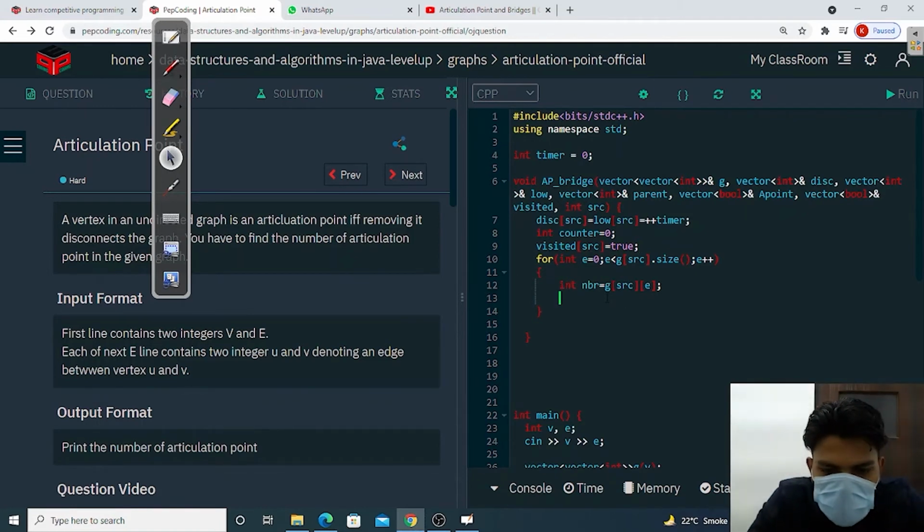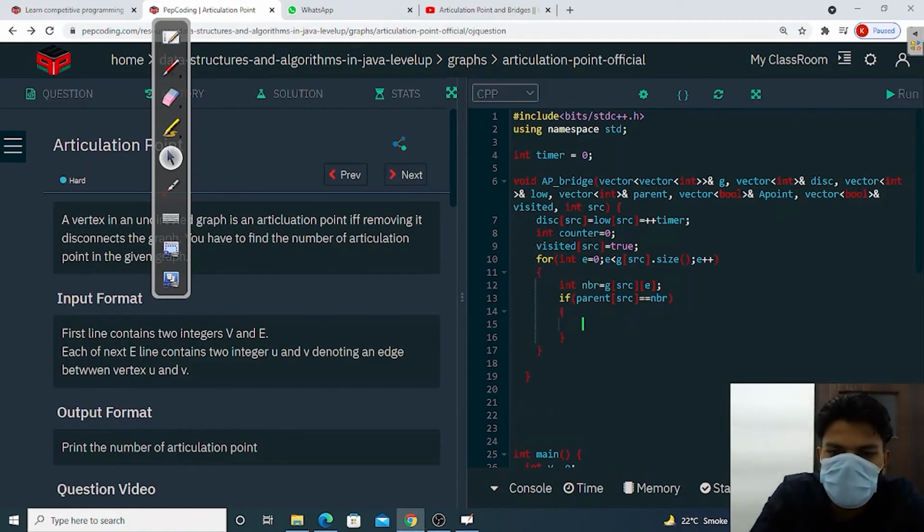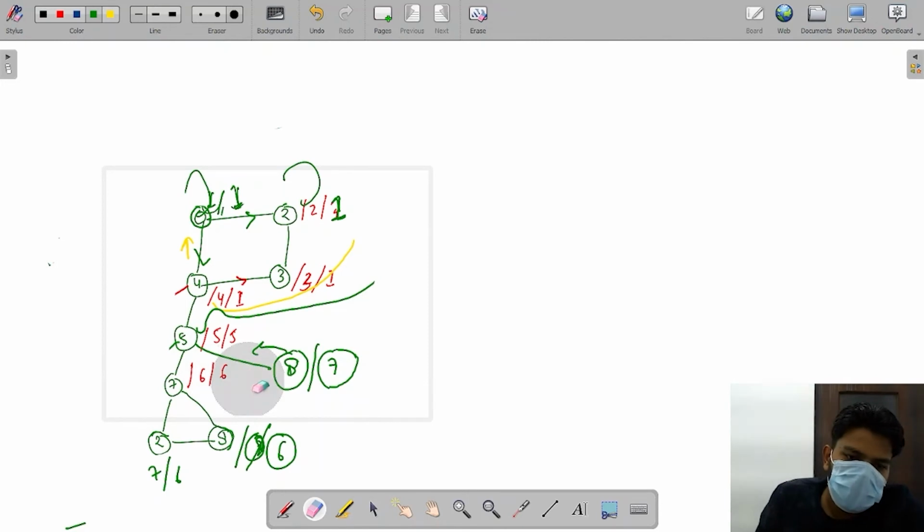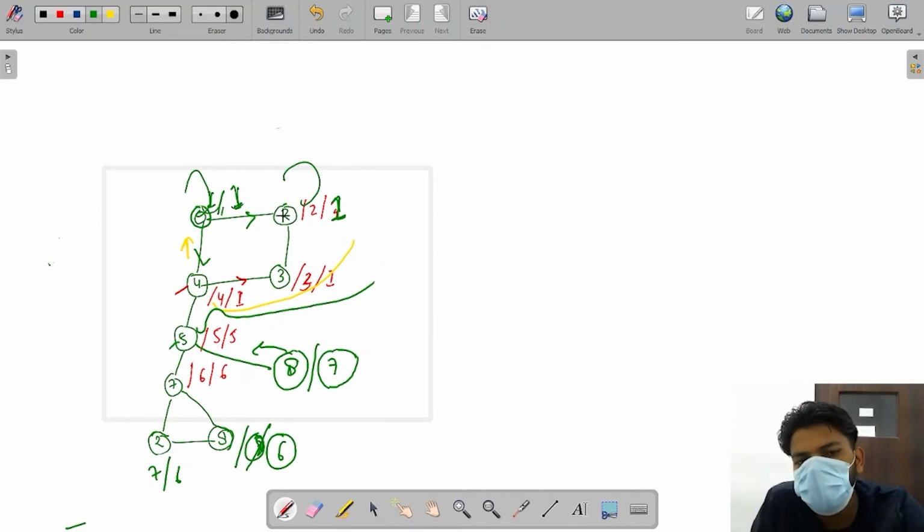Then if our neighbor is our parent, meaning the parent of source is our neighbor, then we have to continue. Why? At this stage, if we call 2, then what do we find? 0 is our parent. 2 has neighbors 0 and 3.